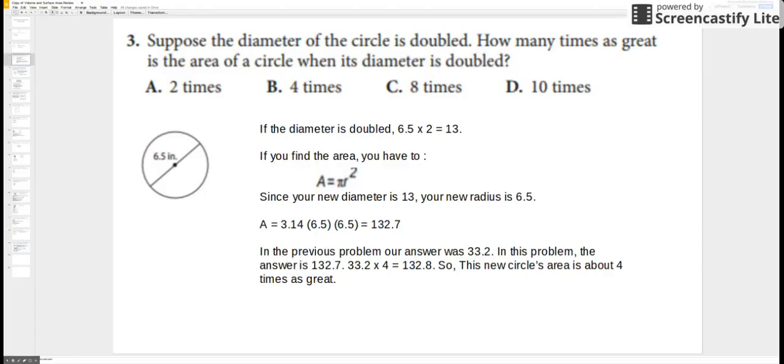In the previous problem, our answer was 33.2. In this problem, the answer is 132.7. If we notice, 132.7 is 4 times as great as 33.2. So the new circle's area is about 4 times as great as the old one.